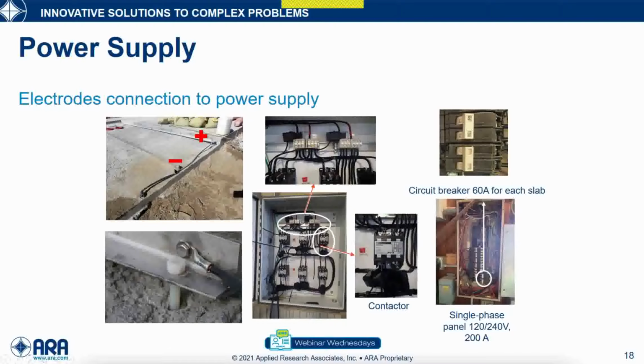So these are the actual electrodes that we placed at Des Moines International Airport, and this is a zoomed picture of how we connected the electrodes with the power supply. This is the power panel, and the electrician from Des Moines Airport helped us to do all of the electrical work. And this is just a zoomed picture of the power panel, showing the electrical current monitor.